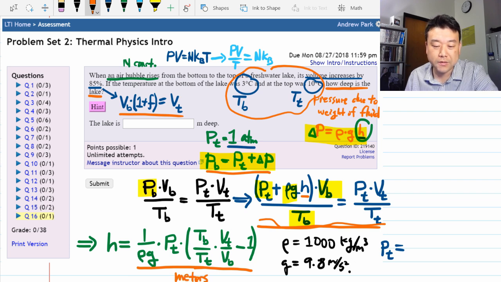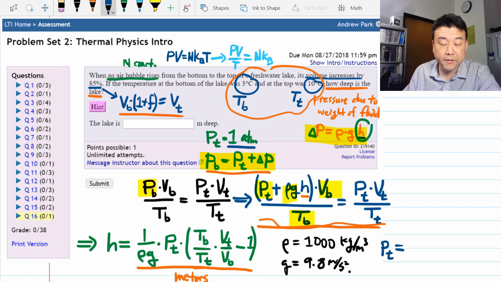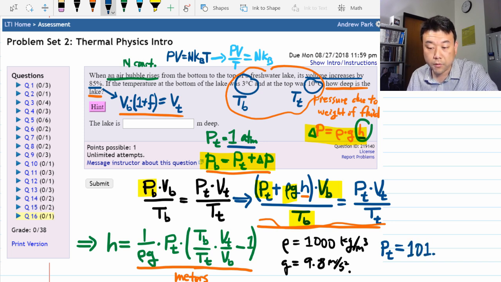When you are relying on something like that happening automatically, then you need to use basic SI units, because 1 atmosphere won't cancel out with anything, but when it's in pascals, the basic units of kilograms, meters, seconds, they will all work out in a way that the final answer has the unit you are expecting. So for pressure at the top, you need to plug in 101.3 times 10 to the 3 pascals.